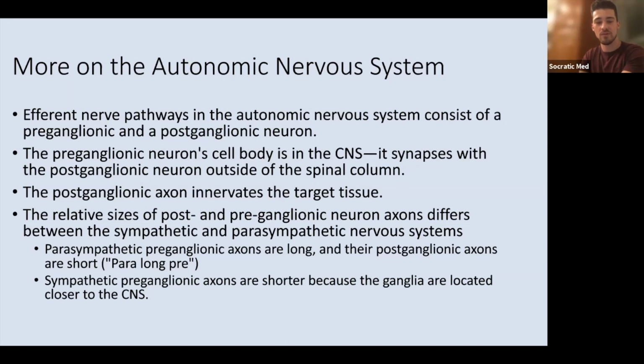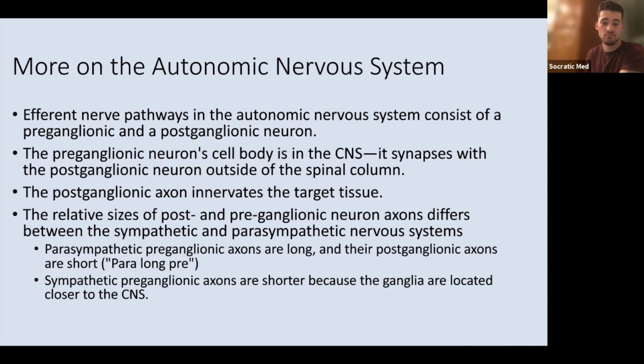So we're talking about an entire system of two axons. The first one, the afferent axon for the parasympathetic nervous system, is longer, and then it's going to synapse closer to the effector. So after it synapses, that second axon only has to be shorter. And a way for you to remember that, which I've seen in a couple of different study materials, is para-long pre. So the parasympathetic has a long preganglionic axon.